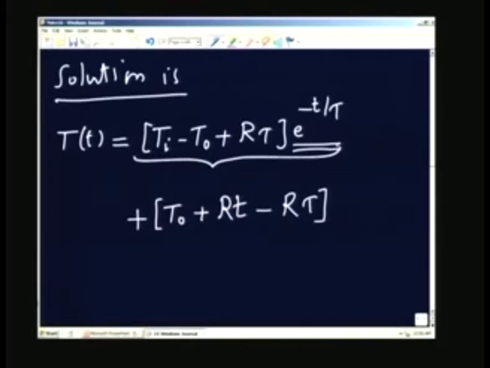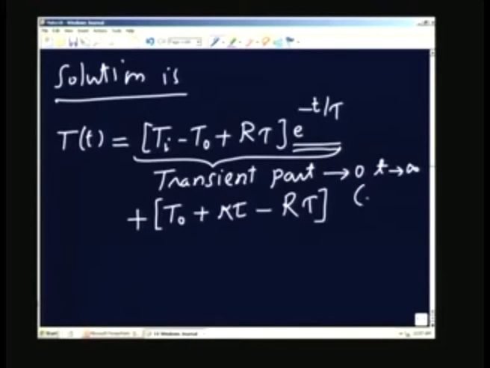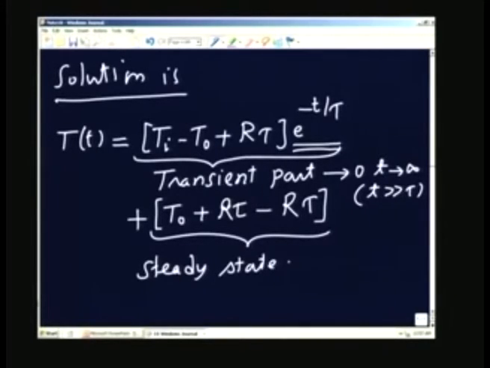So, we will call this the transient part, which tends to 0 as t tends to infinity, which will be interpreted as t very large compared to the time constant tau of the system, and this we will call the steady state response, wherein when the transient part has already become 0, the surviving part, the part which remains, is called the steady state response.